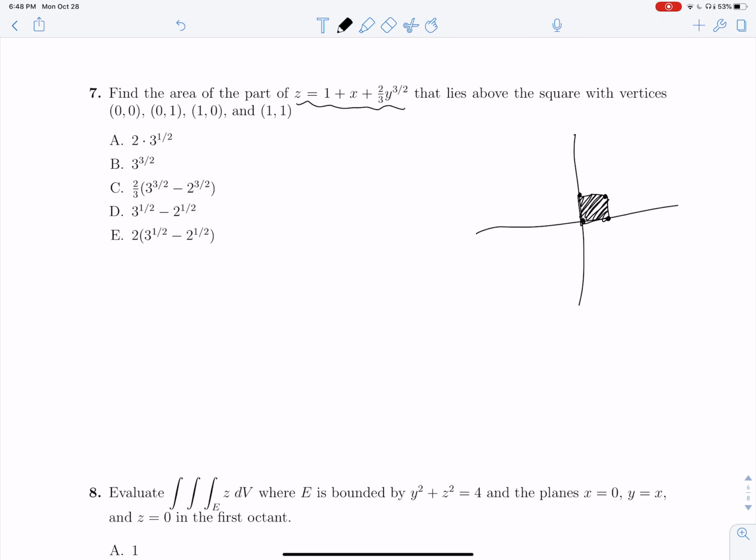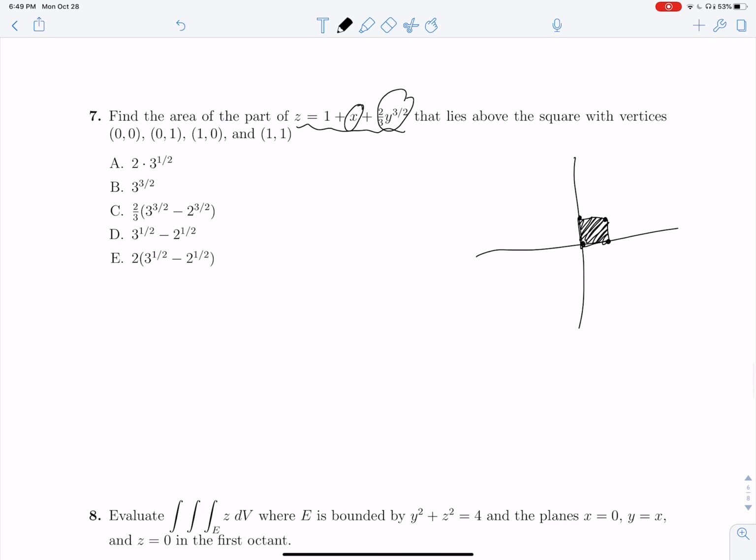So for surface area, your integrand will be the square root of the sum of the squares of the partial derivatives of your function up here, which is a lot less scary than it sounds, because really all it's going to be is root fx squared plus fy squared plus 1.